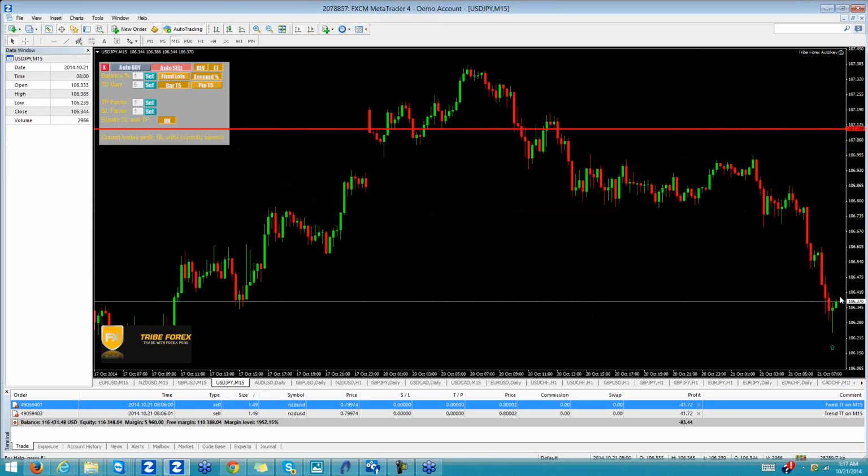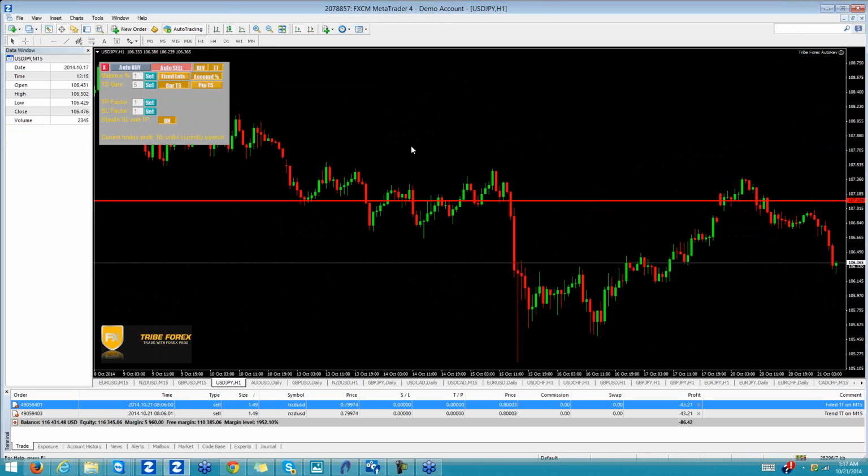So you see this reversal candle. I almost went ahead and drew a line here to see what was going on with the dollar yen, to see if it was going to turn around, and it very well may, but this was not the place to do that.